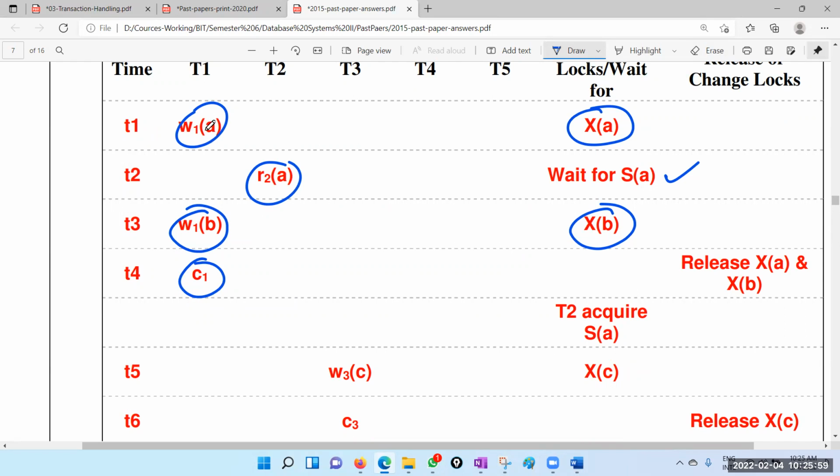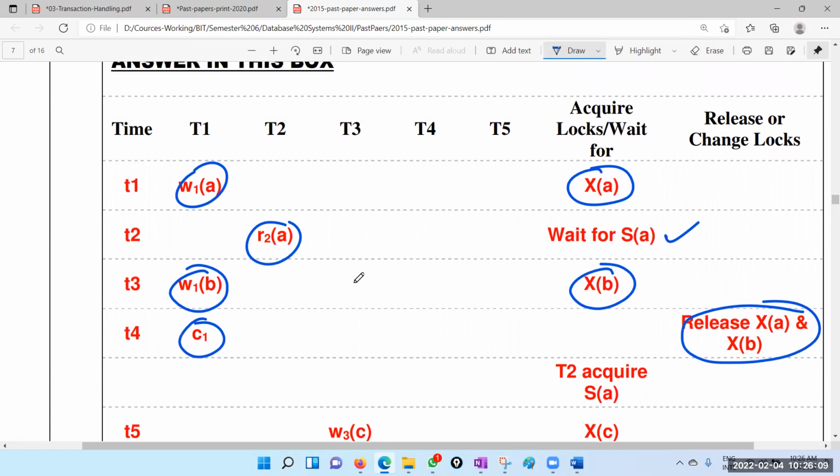That means you are releasing both exclusive A and exclusive B. When you release it, transaction 2, which is waiting for the shared A, can now get that one.